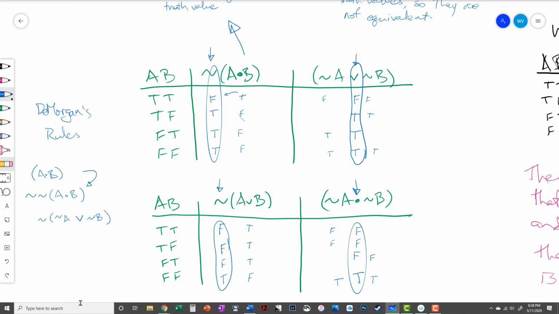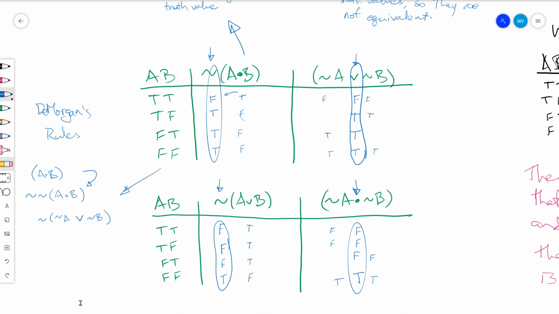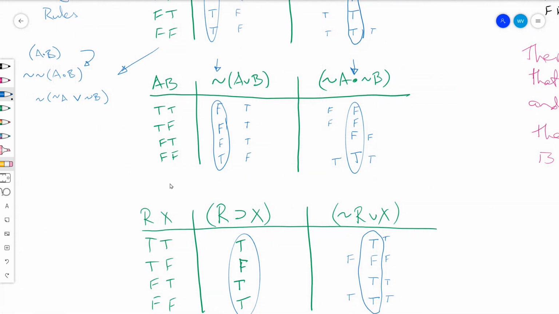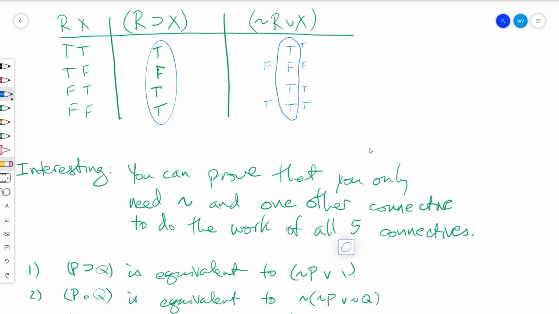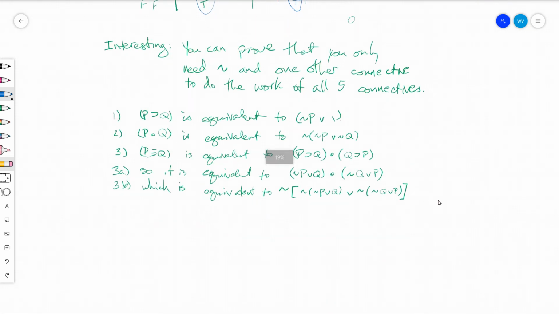All right, so that's just using this first version of De Morgan's rules and the idea of double negation. So that's how you can prove that this sentence A and B is equivalent to this one, not A or not B. And that's exactly what I've got down here when we're talking about equivalences.